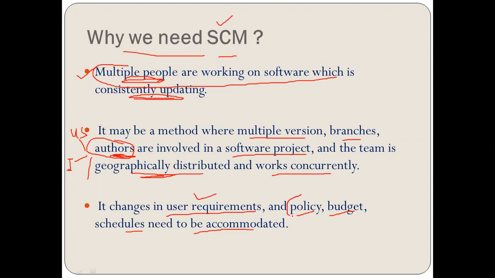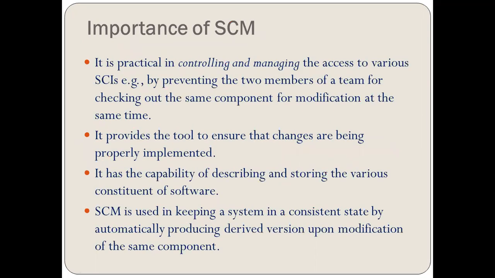There can be a possibility that certain policies have been changed from the government side, so we need to include certain things in the present software, so SCM is needed. There can be a possibility that the budget or schedule has been changed, maybe by the client or by the development team. So these are the conditions in which we need SCM, that is software configuration management.